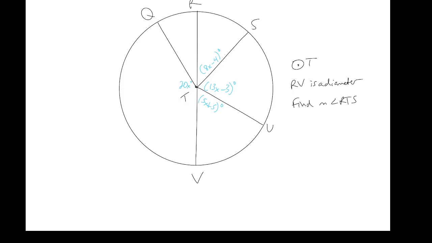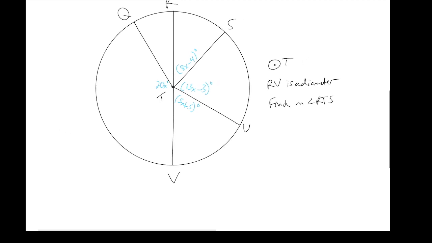Well, we know this. If the entire interior angle sum is going to be 360, and we have a diameter, it is going to halve that circle, right? Because it's going to go directly through the center. So then we have two semicircles.